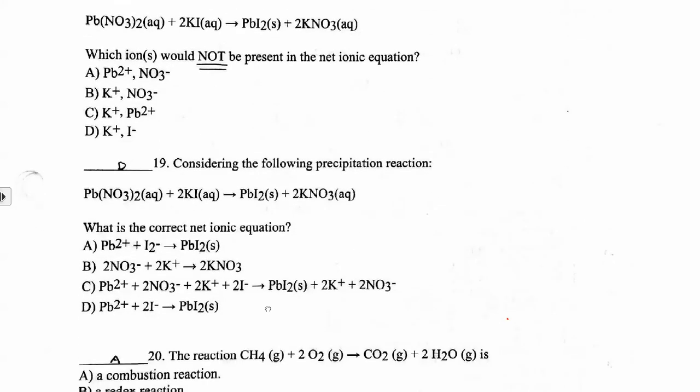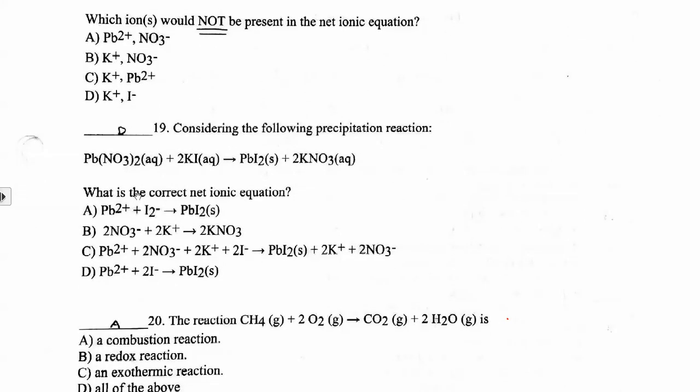So it's a very similar problem. Which is the correct net ionic equation for this, which we just went through? It's Pb2+, and I have two I's, but you can't write it like this, remember. I've got to write it like this: Pb2+ plus 2I- gives me PbI2.